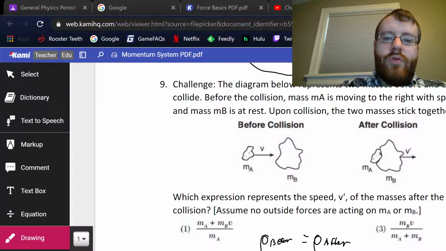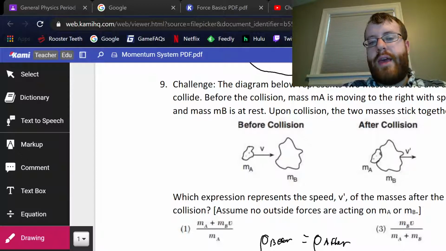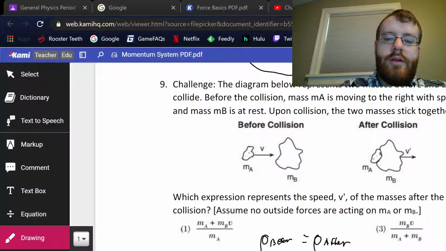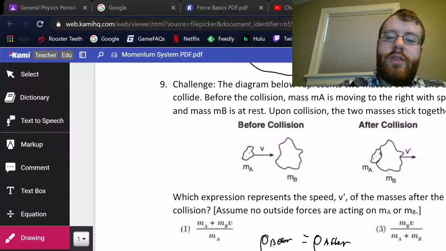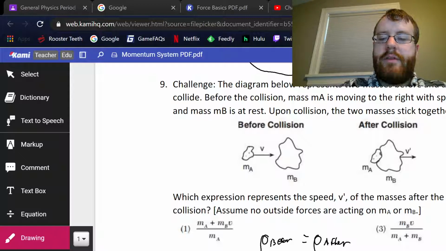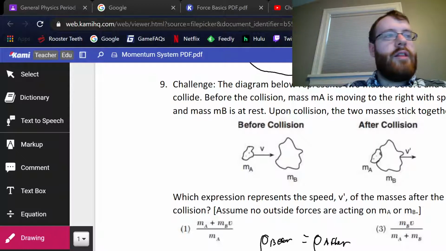The momentum before is just the velocity times the mass A, because mass B isn't moving, so that's just going to be 0. That is equal to, and now that they've combined together, it's mass A plus mass B, because they're combined, is my momentum after, times my new speed V prime. That little dot, or that little slash means prime.